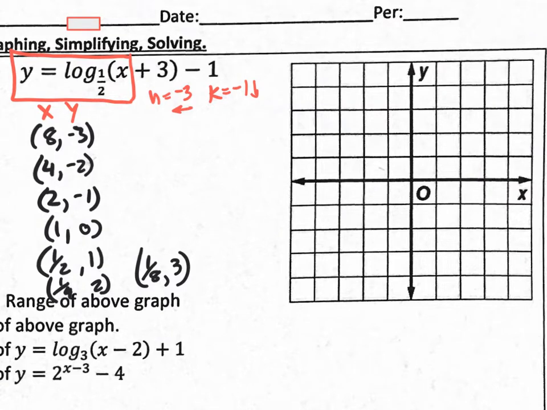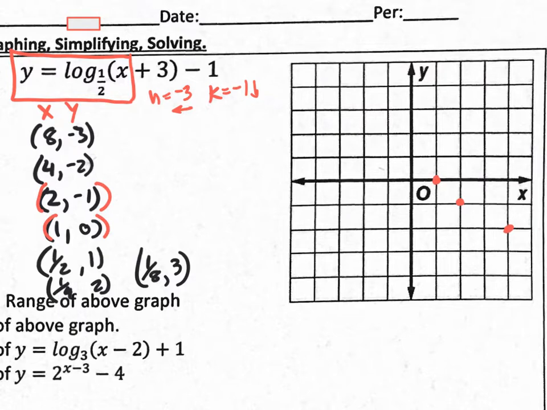So let's graph 8, -3. Wait a minute, 8, -3 is going to be off the graph. So let's go on to 4, -2. So 4 on the x, 1, 2, 3, 4, -2 on the y. And then let's go to the coordinate 2, -1, 2 on the x, -1 on the y. And then 1, 0, right there.